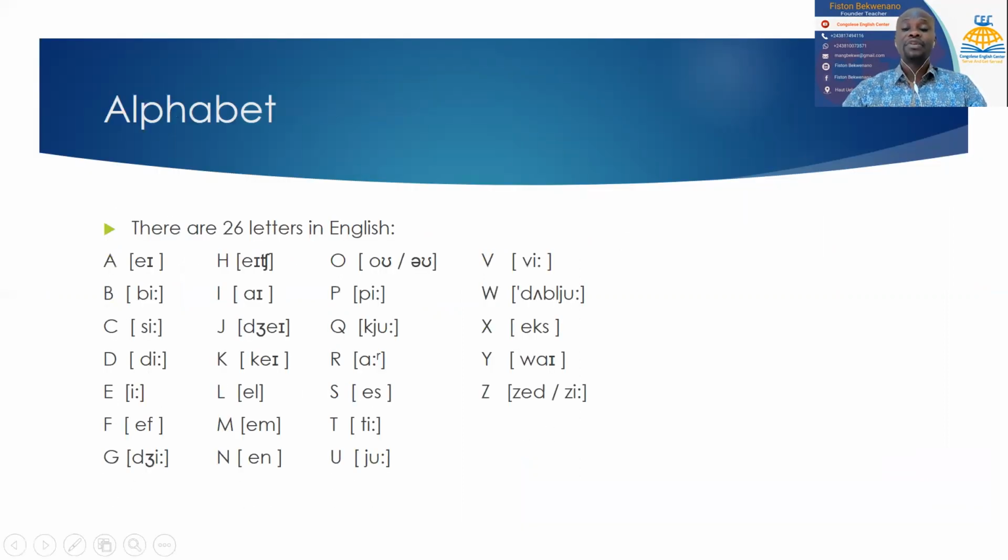Let's start first by having a look at the alphabet. I think all of us who learned about the alphabet know what it is. The alphabet is a set or a group of 26 letters in English.